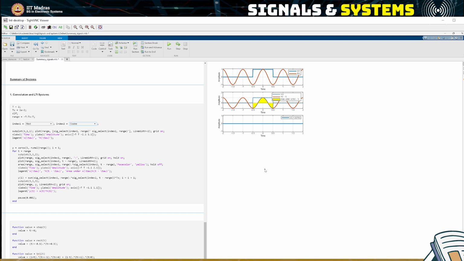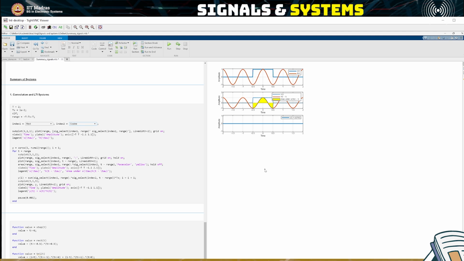And remember what we studied when we saw periodic signals. You can take the area of the periodic signal in any time duration as long as the interval is exactly an integral multiple of the period. The area is always going to be the same.